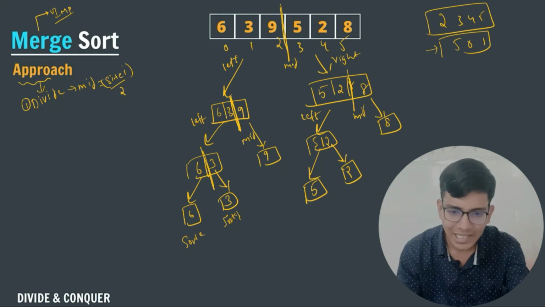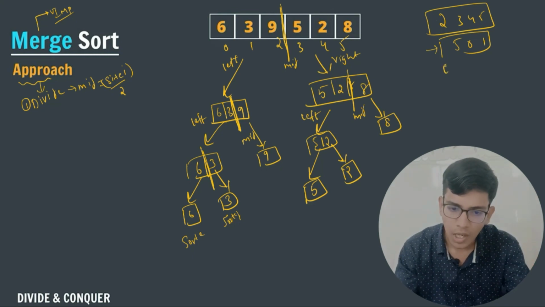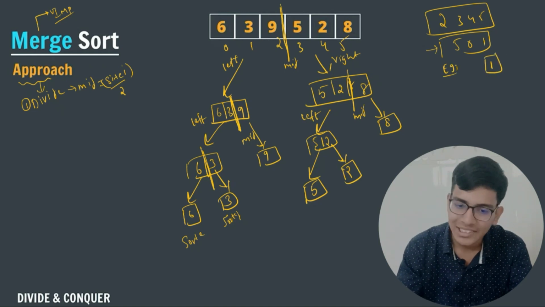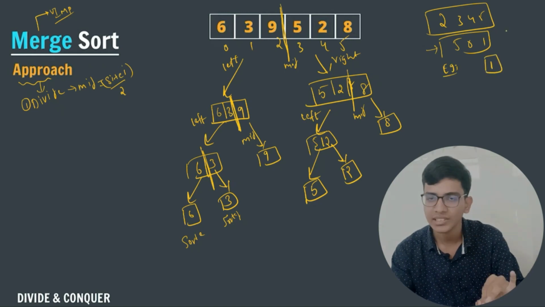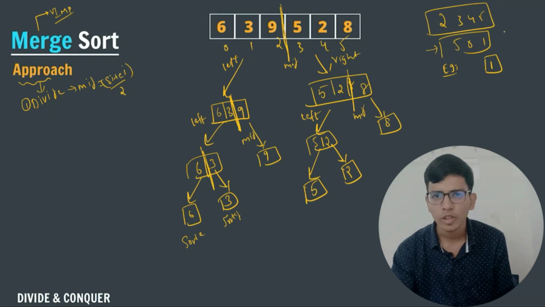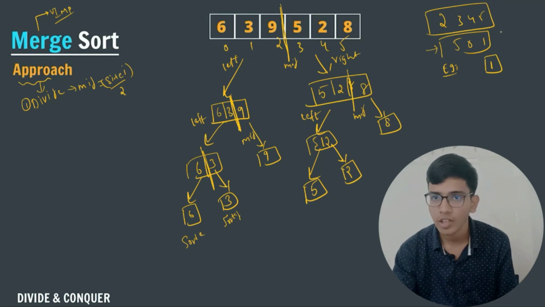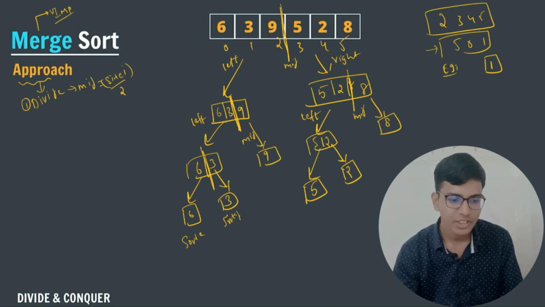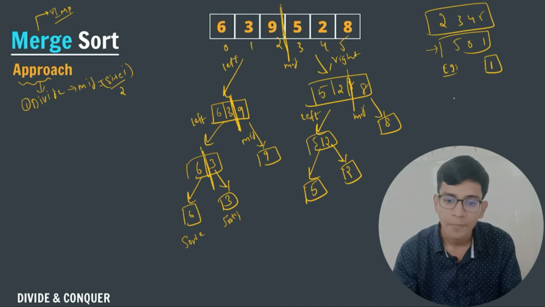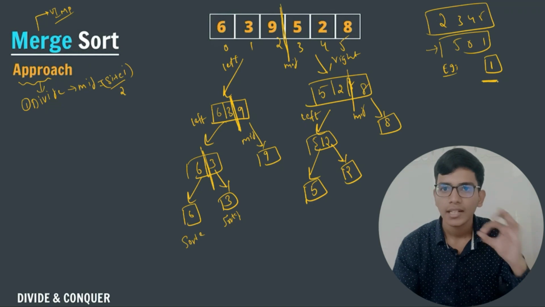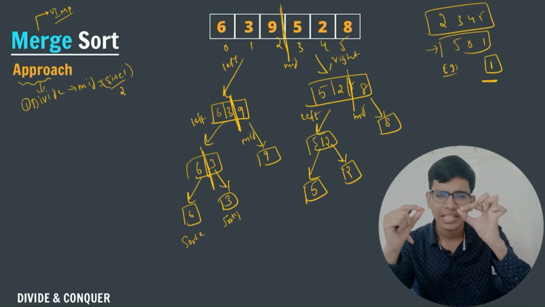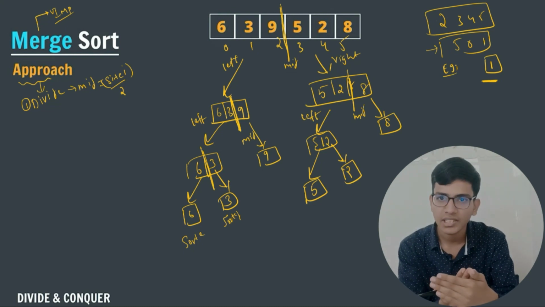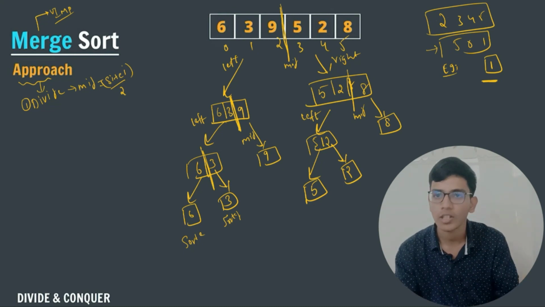Now let us take an example where there is only one element in my array, and the element present is 1. Can I tell that the given array is sorted? Yes, because there is only one element. That's why the given array is sorted. So from this example, I can say that if in any given array there is only one element present, then the array is sorted itself.